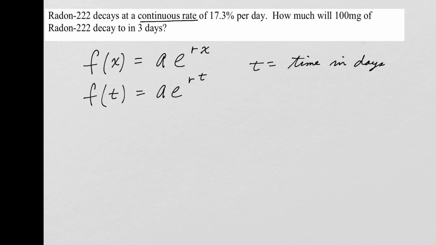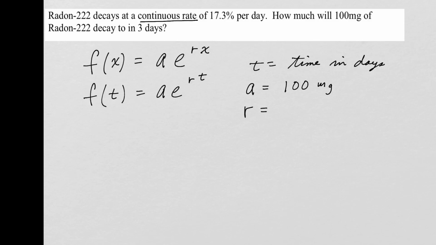All right, just by looking at that question, what are the other variables going to be? Well, A, little a, remember, is the starting value. So what is that going to be in this case? Well, it must be 100 milligrams, right? That's what we started with. R, well, the rate is 17.3%, but it's a decay rate, right?